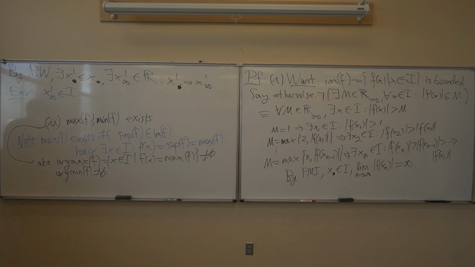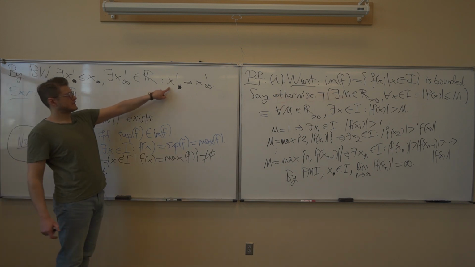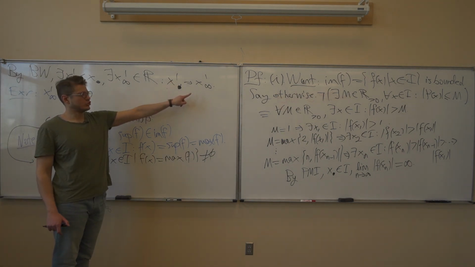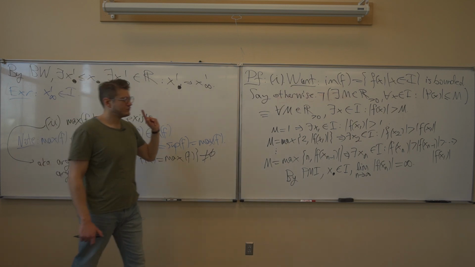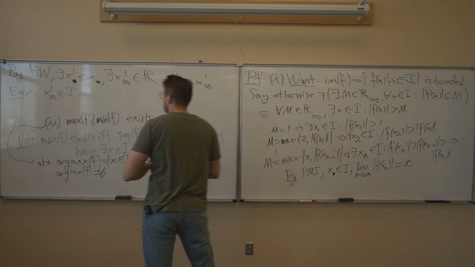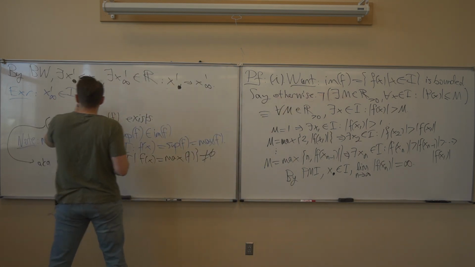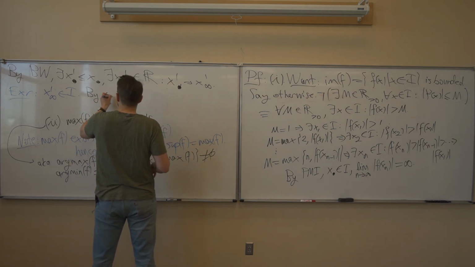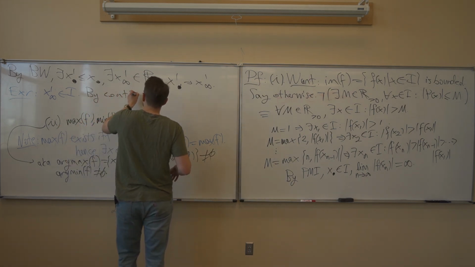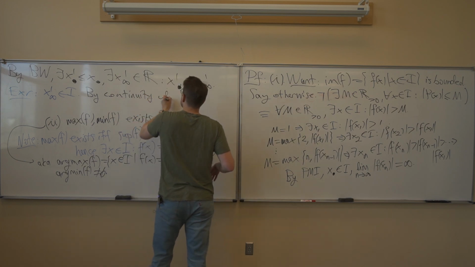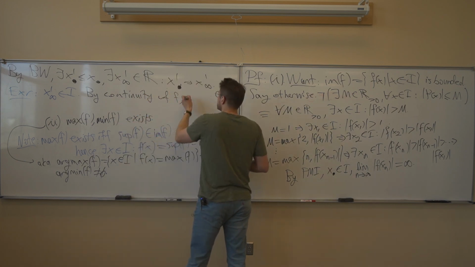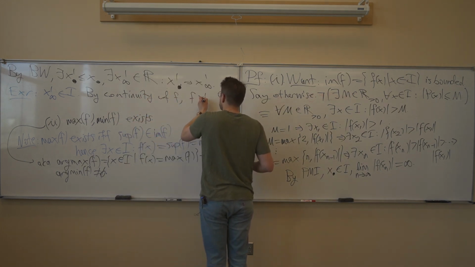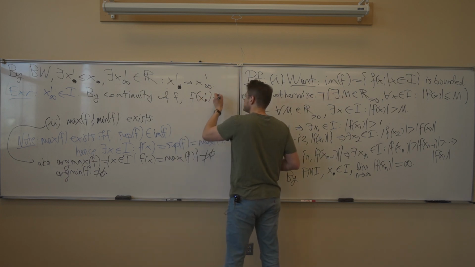Well, then I have a sequence that converges to something in the domain, and if f is continuous, its image also has to converge. Continuity of f: f of x prime bullet has to converge to f of x prime infinity.